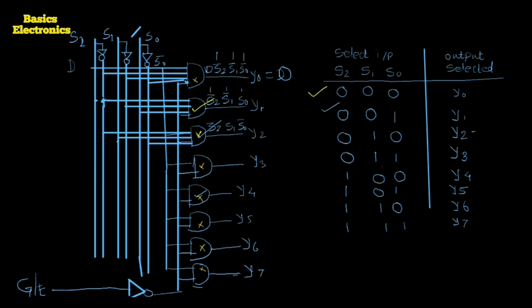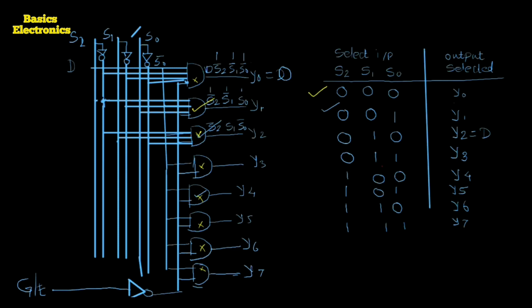That output is Y2, meaning Y2 is equal to D, and all the remaining outputs are equal to 0. Okay, I will provide the clear and neat diagram of this one line to 8-line demultiplexer in our group, or I will provide the whole post on the website.